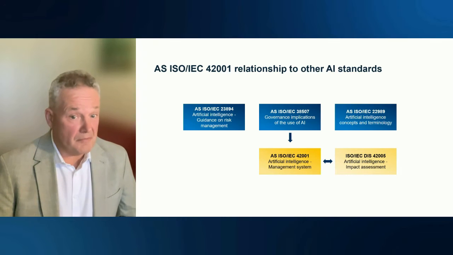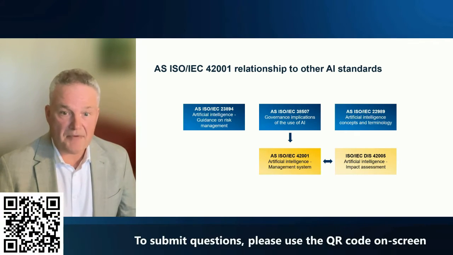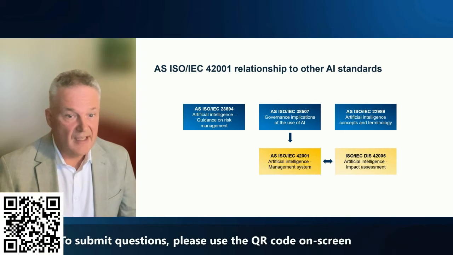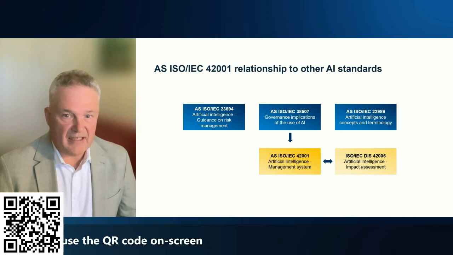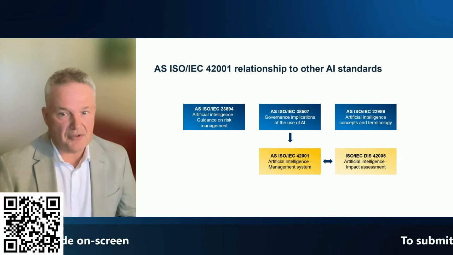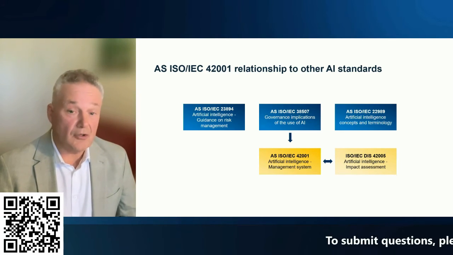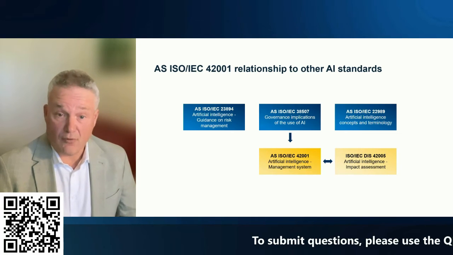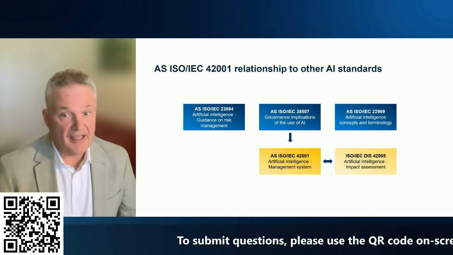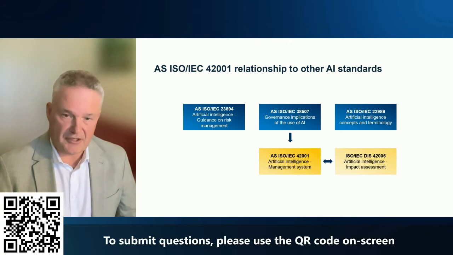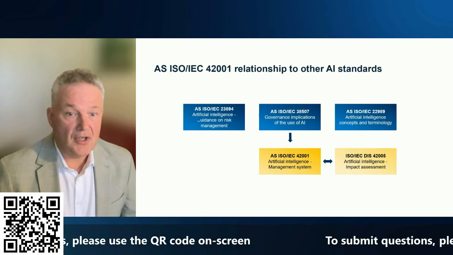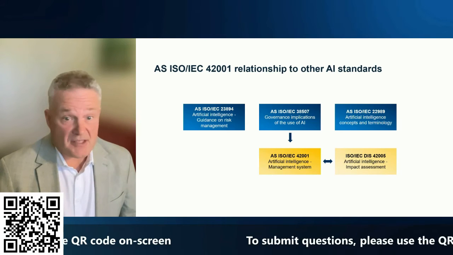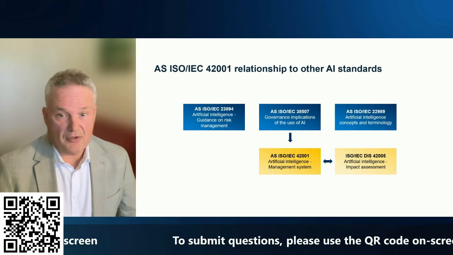Another important component of that standard 22989 is that it describes various AI roles. Roles can be an AI developer, an AI service provider, an AI user, or an AI consumer. And the role an organization has informs the way that it structures its AI management system. We'll touch on that a little bit later as well. So the AI management system has to be adapted to the AI role of your organization.